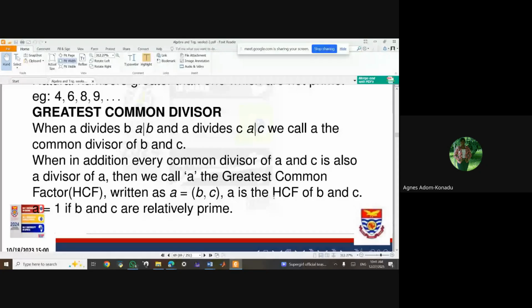A is the highest common factor of B and C, and A is equal to 1 if and only if B and C are relatively prime. So if B and C are relatively prime, then their greatest common or highest common factor will be 1.